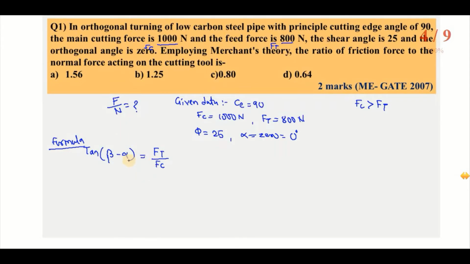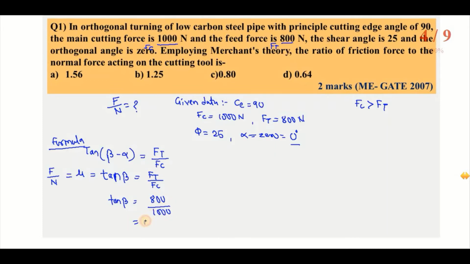Here alpha is given, that is the back rake angle, and Ft and Fc values are given. This alpha is 0. So the left hand side will be equal to tan of beta, which is Ft by Fc. This tan of beta is nothing but the coefficient of friction, which is nothing but the ratio of F upon N. So if we find out this relation, then we will get the ratio of F upon N. Tan beta is equal to Ft, which is 800, upon Fc, which is 1000.